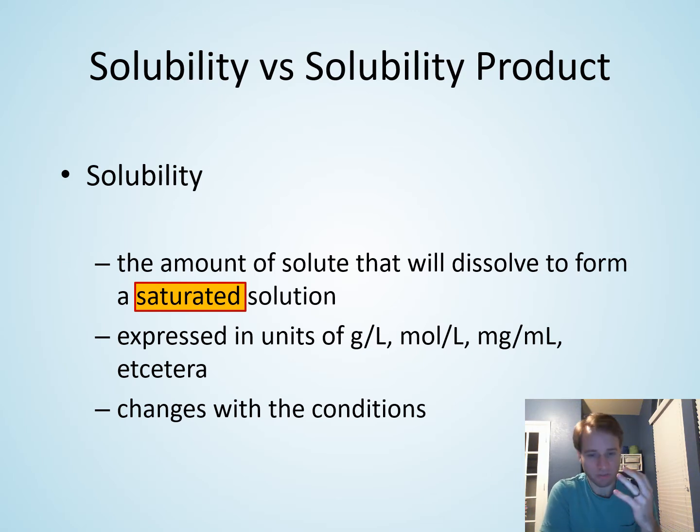You could also express it in grams per liter, milligrams per milliliter, whatever units, where often you're talking about solute over solvent. And the solubility can change depending on temperature and other such factors.